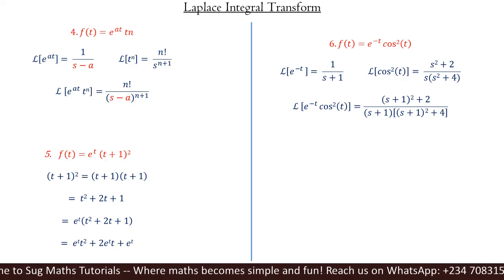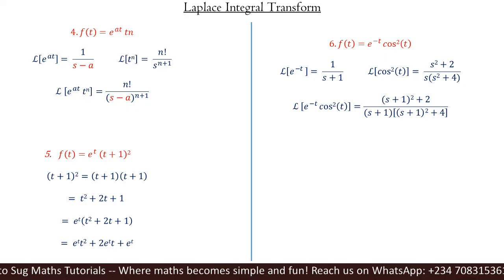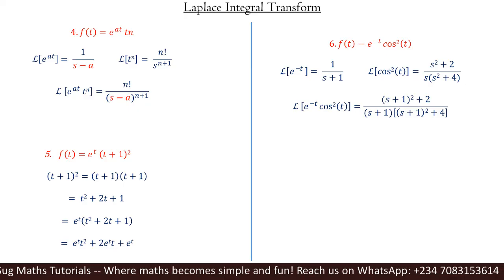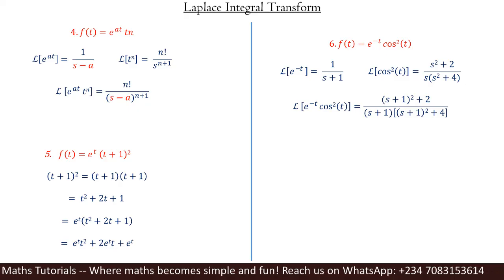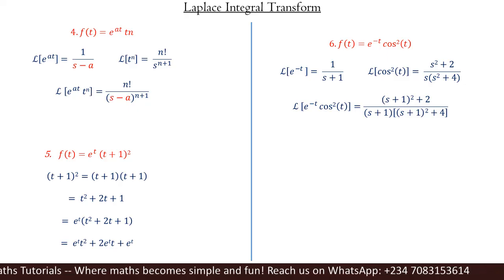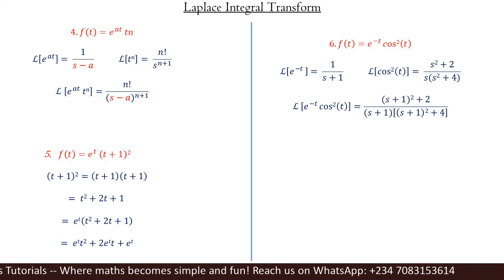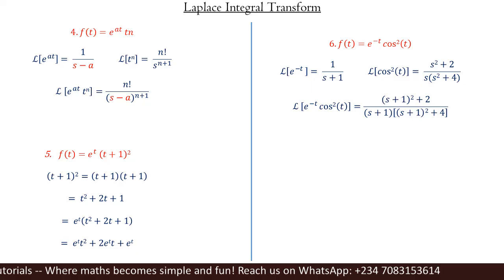Are we together? Good. Meaning, in this place we will have s squared plus 2. In place of s, you are going to have (s plus 1) squared, then plus 2, all over. Here we have the denominator s, meaning we're going to have (s plus 1). Here we have s squared plus 4.